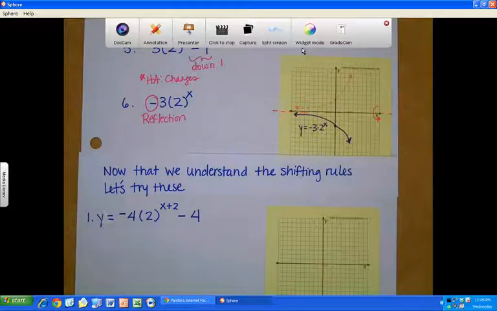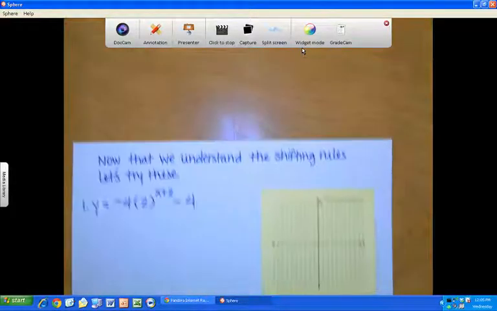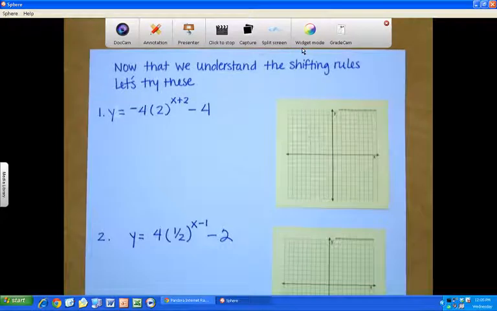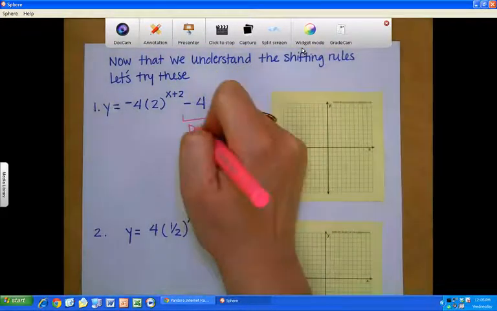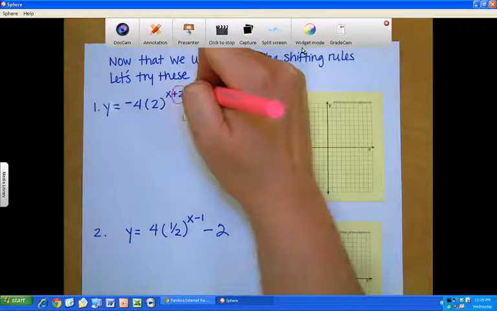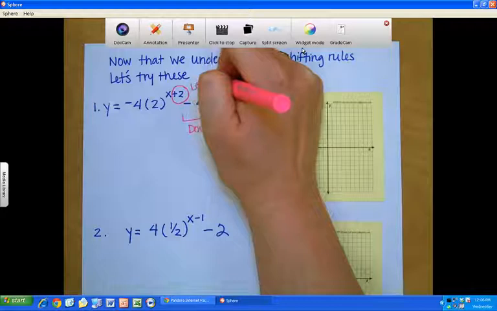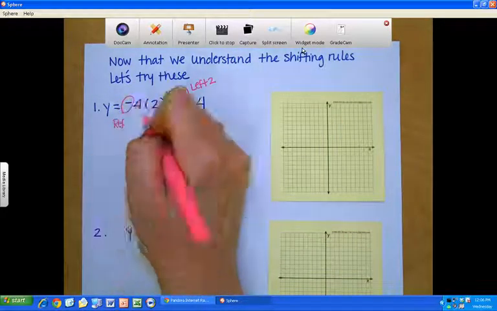Okay, you hopefully have tried number 1, so now I'm going to explain to you how to do it. So first, let's talk about all the shifting that's happening here. This means down 4. This means left 2. This means a reflection.